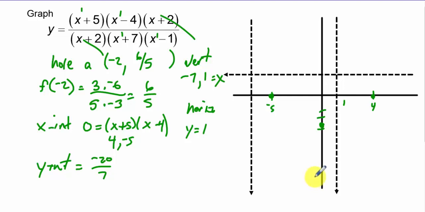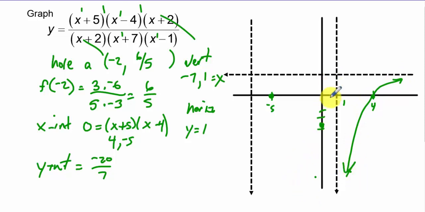Okay, so now I can graph this thing without plugging in any points. So I know for a fact that the multiplicities of my roots are 1, so I know it passes through this point and approaches these.